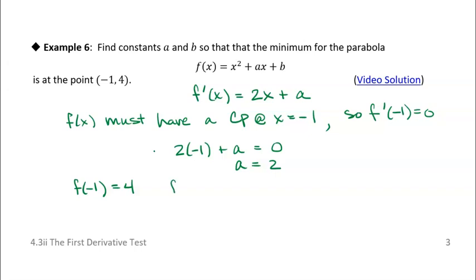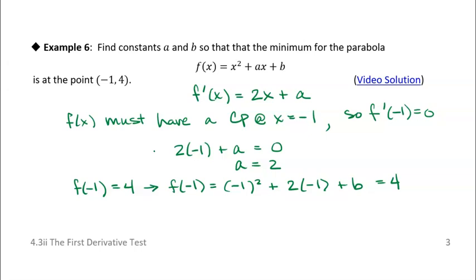I'll just write it out. f of negative 1 is negative 1 squared plus a times, and we know a is 2 now, times negative 1. I'm replacing the x with a negative 1, and then plus b. And I know that has to be equal to 4.